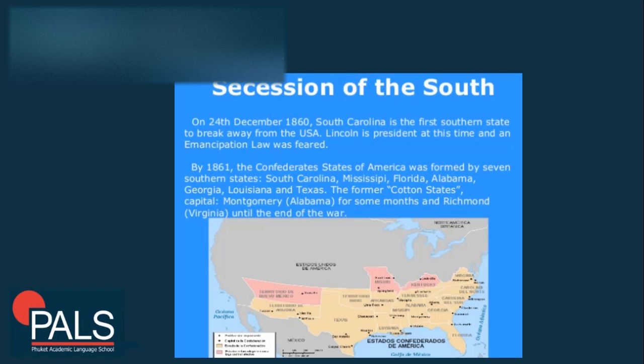By 1861, the Confederate States of America was formed by 7 southern states: South Carolina, Mississippi, Florida, Alabama, Georgia, Louisiana, and Texas. The former cotton slave capital, Montgomery for some months, and Richmond, Virginia until the end of the war.